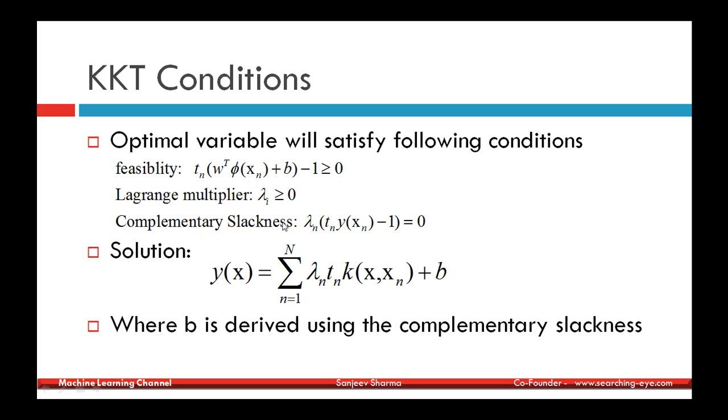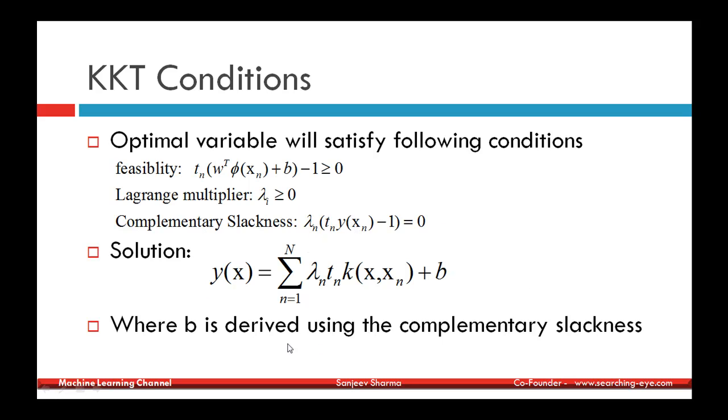And the condition of complementary slackness, that is lambda n times Tn times y of xn minus 1 is equal to 0, which states that if Tn times y of xn is equal to 1, that is if the constraint is active, then lambda n will be greater than 0, and if Tn times y of xn is greater than 1, that is if the constraint is inactive, then lambda n will be 0.